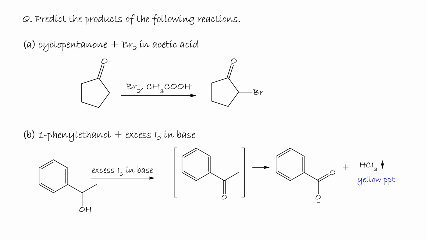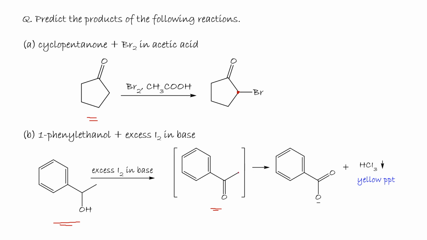Predict the products of the following reactions. Cyclopentanone, bromine in acetic acid. Cyclohexanone with bromine in acetic acid will give the alpha-bromo ketone. 1-Phenylethanol plus excess iodine in base: phenylethanol will be oxidized first by iodine as the oxidizing agent to give acetophenone.